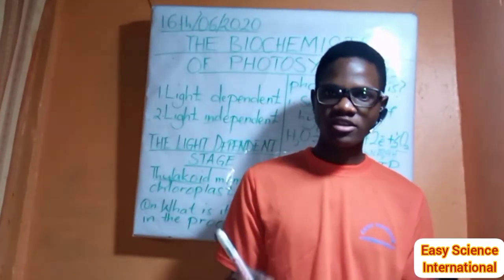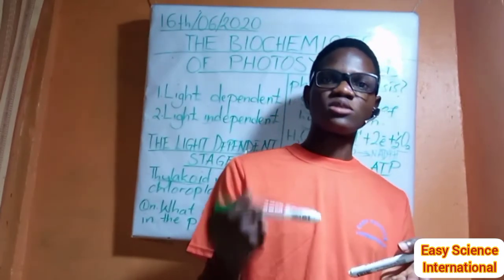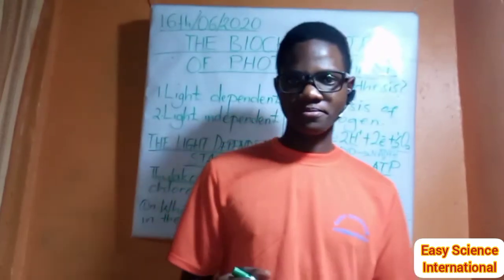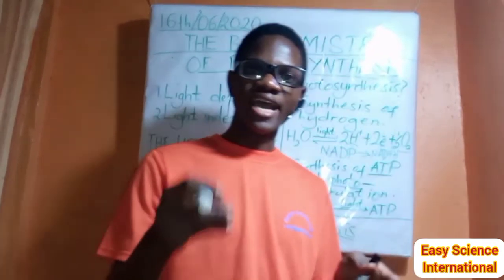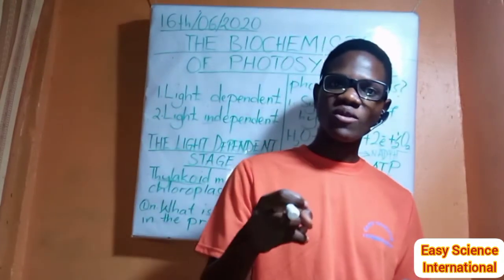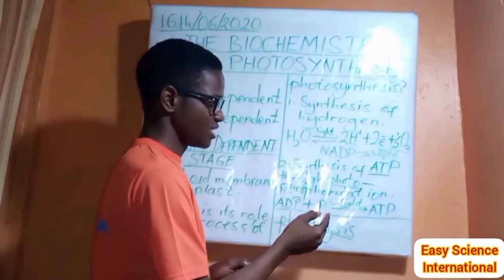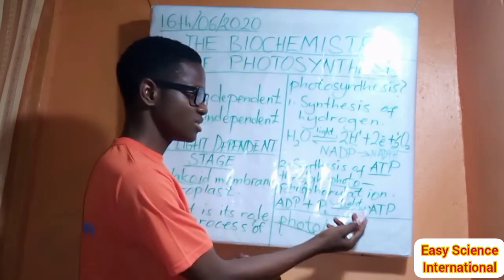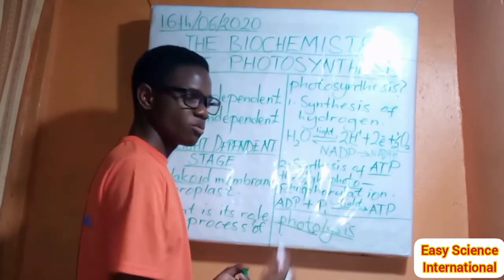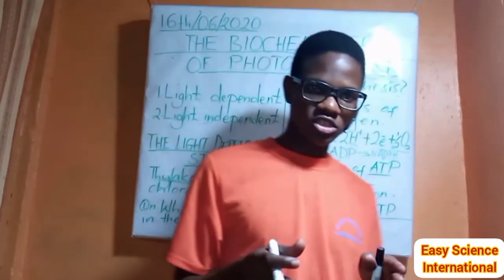Simply, photophosphorylation is the light dependent synthesis of ATP from adenosine diphosphate and inorganic phosphate. So you synthesize ATP in the presence of light from these 2 molecules. That is photophosphorylation.